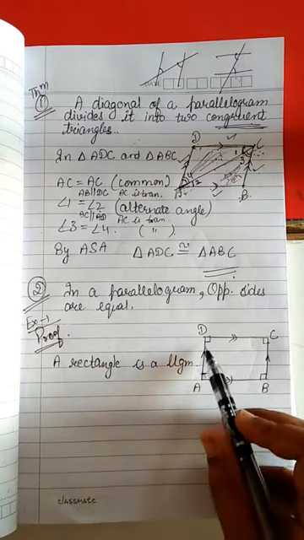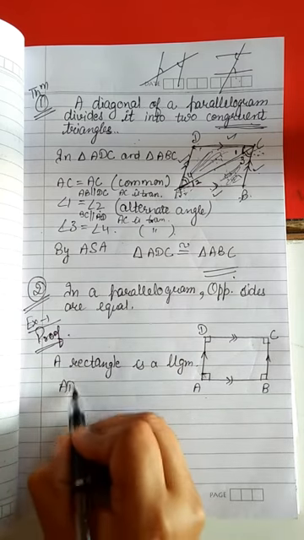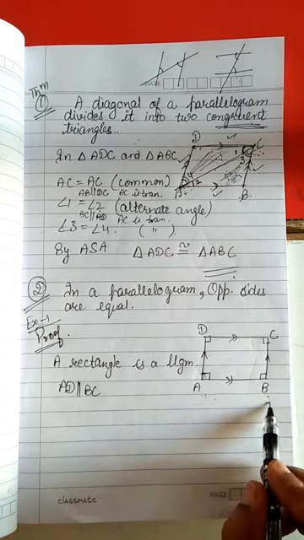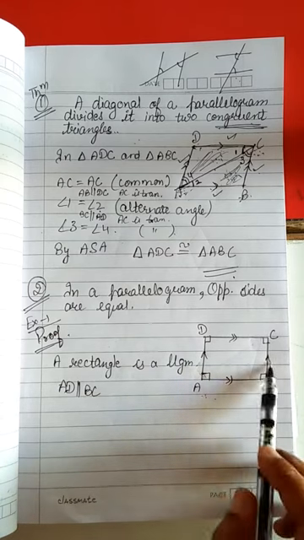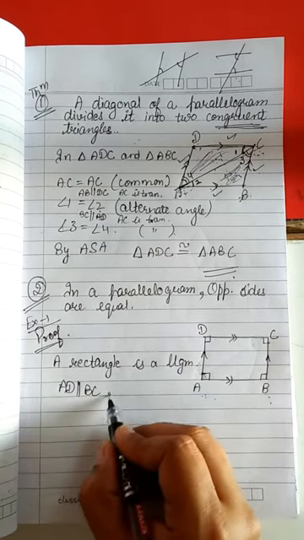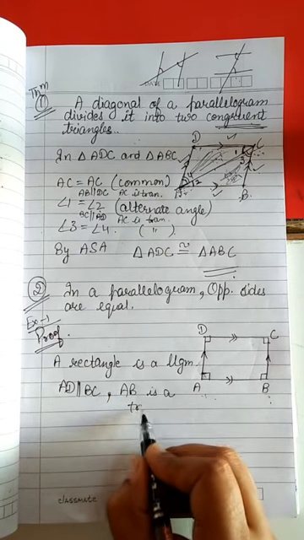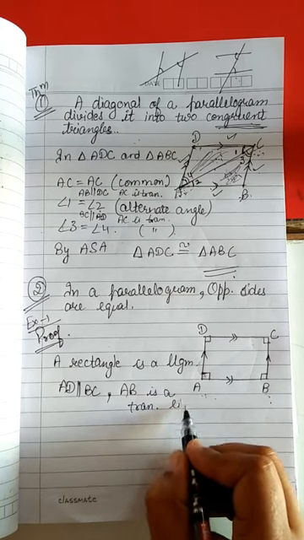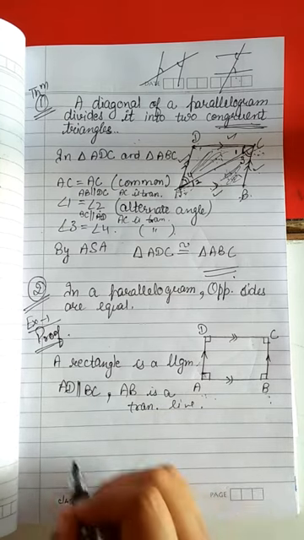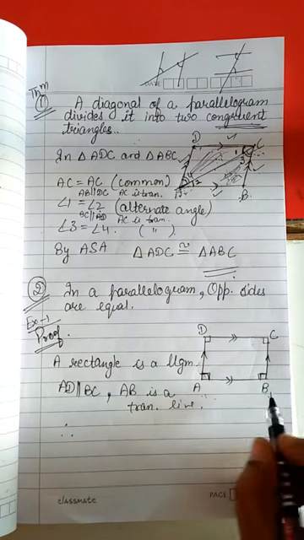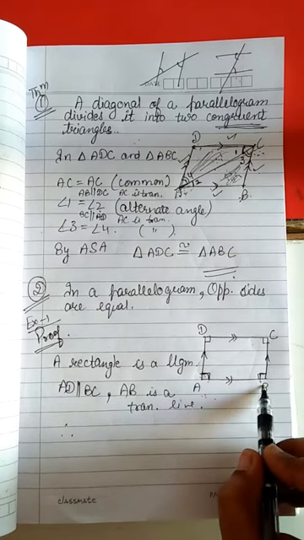So we take that AD is parallel to BC and AB is a transversal line which cuts two parallel lines. So AB is a transversal line. Therefore the sum of these two angles is 180 because these two angles are co-interior angles.